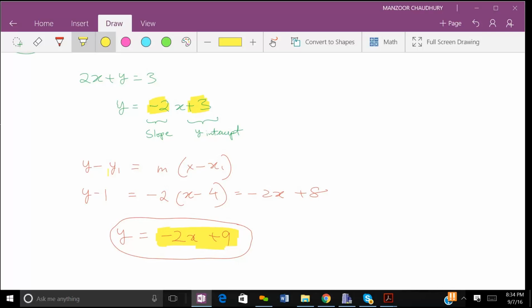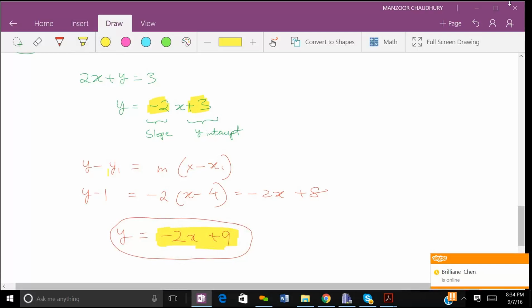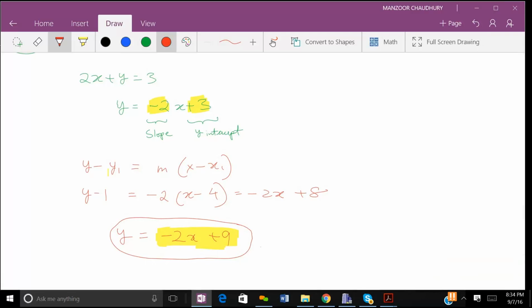So what is that equation underneath, when it says y minus y1 equals m parentheses x minus x1? Oh, what I did was here. I took that m, I changed it to -2.